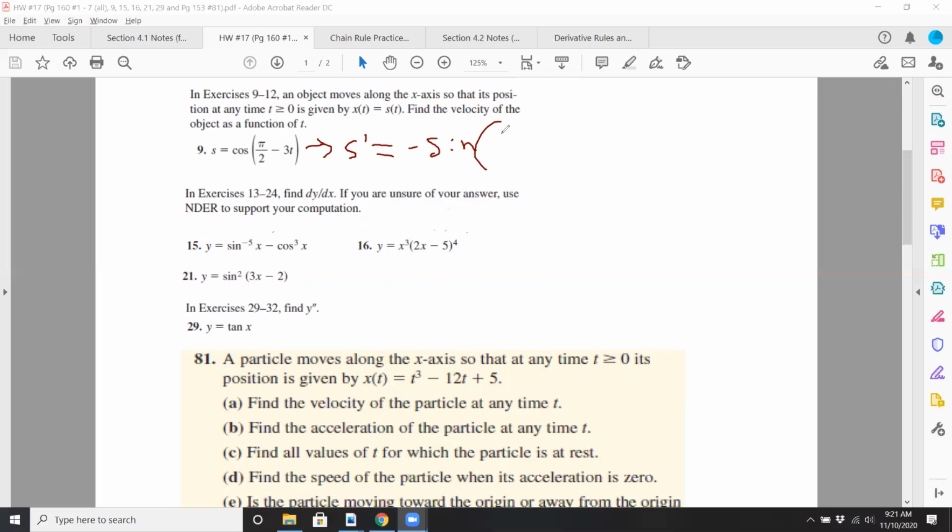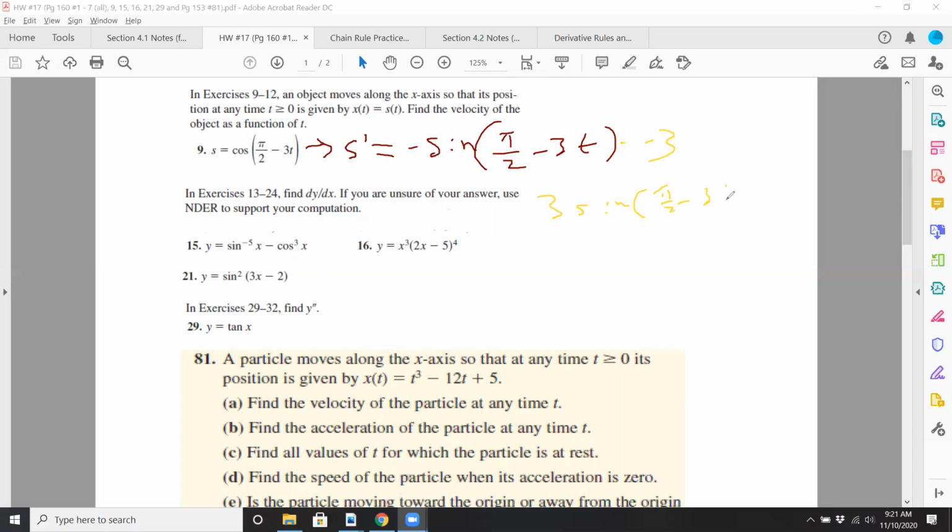Keep the inside intact, times derivative of the inside. Derivative of the inside is negative 3. And you're all done. That's it. Of course, negative 3 times a negative makes it a positive. So final answer could be like 3 sine of pi over 2 minus 3t.